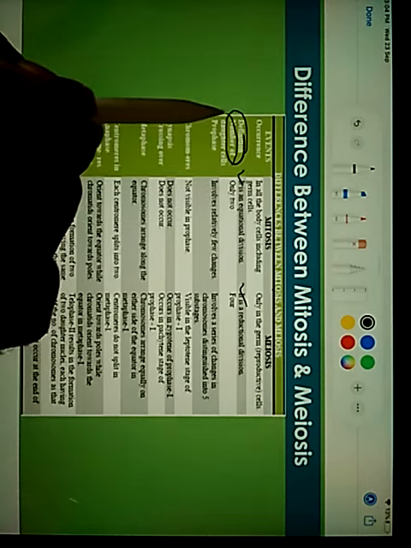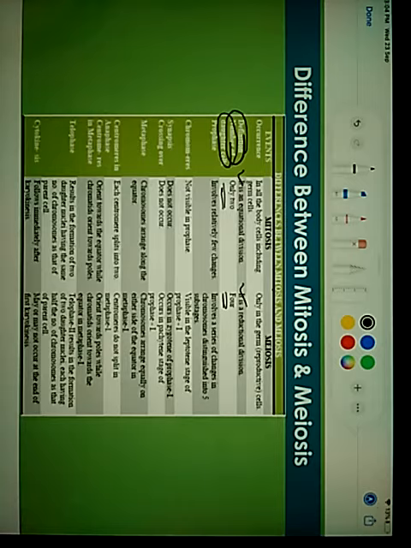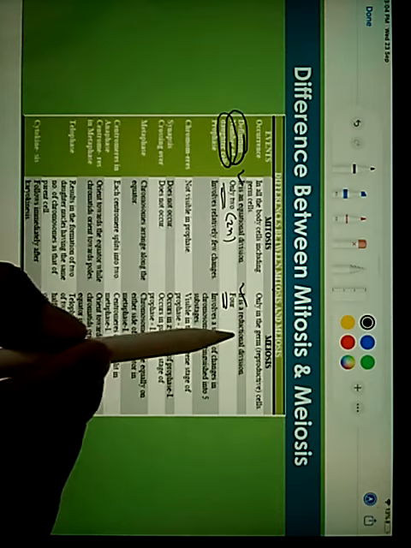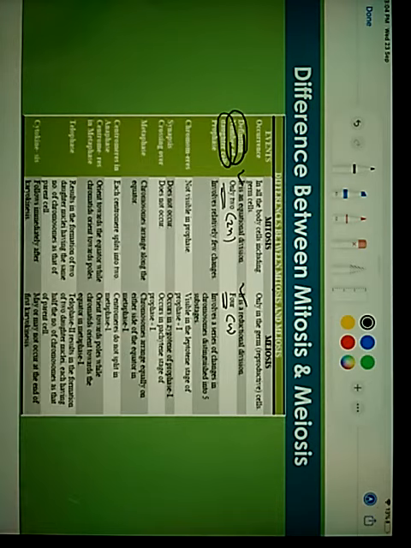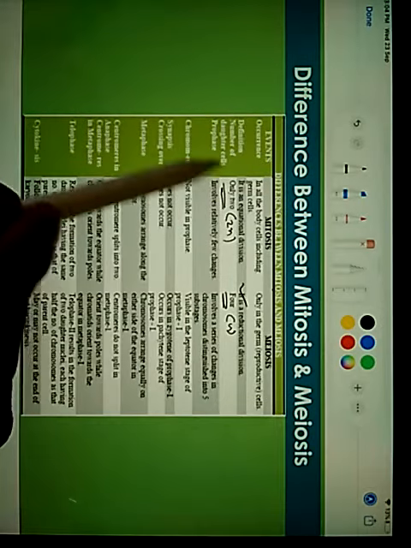Now the number of daughter cells produced, 2 and 4, that we know. That is, mitosis produces 2 diploid cells and meiosis produces 4 haploid cells. That's what we have seen till now.